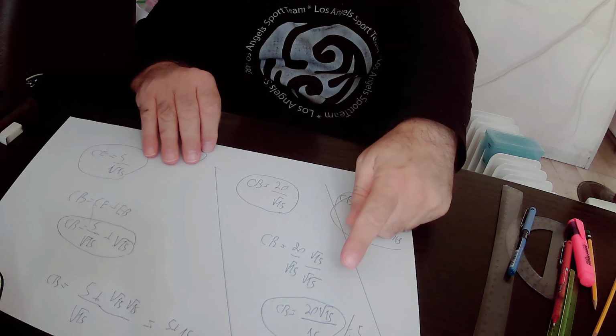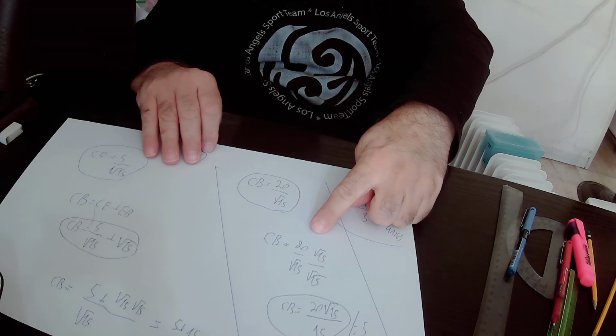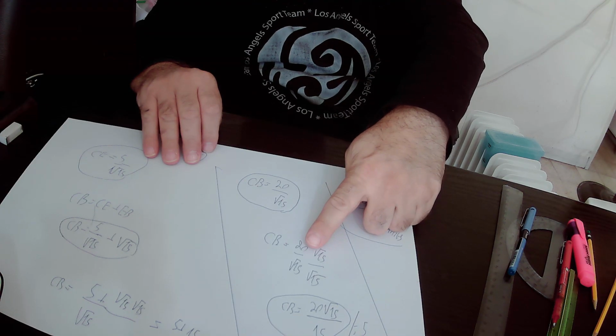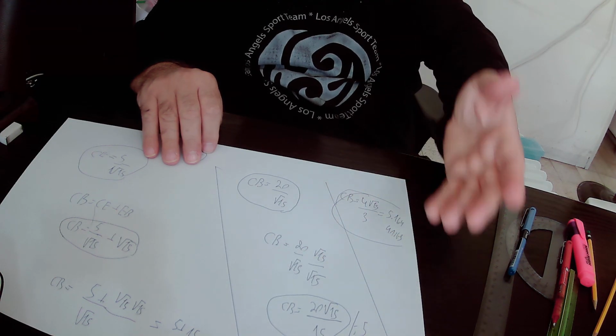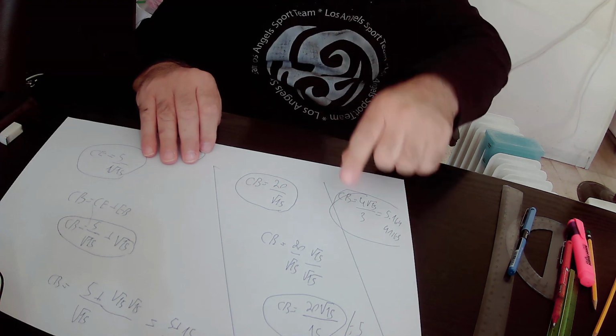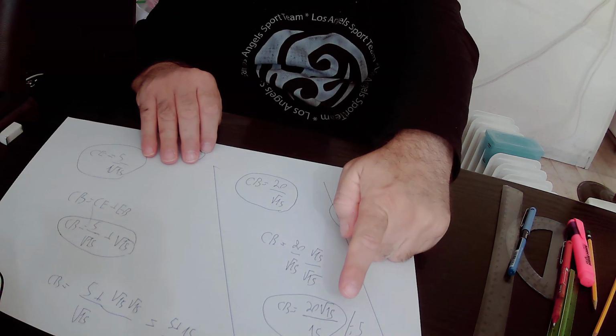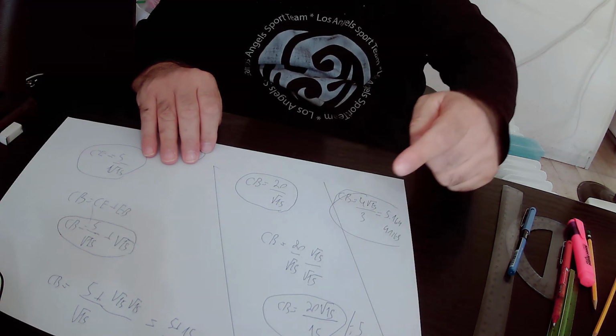So CB equals 20 times the square root of 15 in the numerator. In the denominator we have the square root of 15 times the square root of 15, which is 15. Here we divided both the numerator and the denominator by 5.